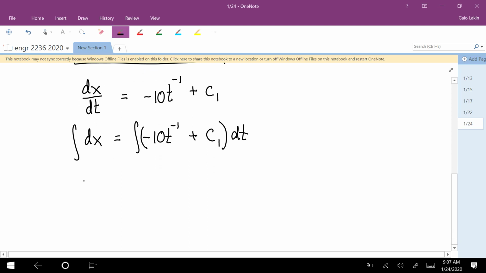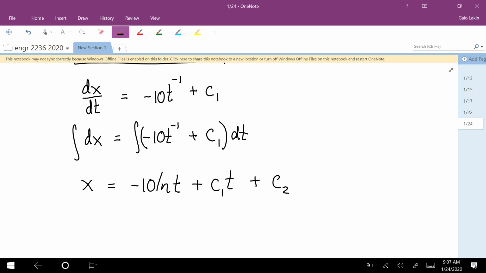Okay, so you get x is equal to negative 10 natural log of the absolute value of t. We're only dealing with positive times. We never have negative times, so I'm going to leave out the absolute value here. This is just ln t plus c1t. And now we have a new constant of integration, c2. Okay, you with me on that? And this is our second equation.